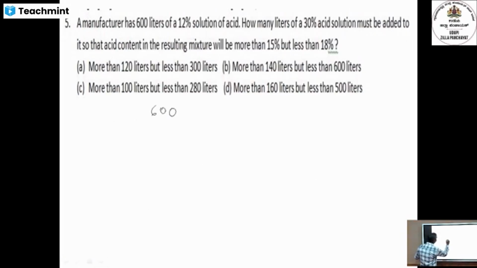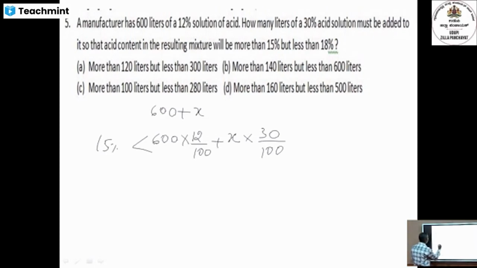So we will resolve this problem. So 600 plus x solution. The x liters of solution you are adding. So that is 600 into 12% of the solution, that is 12 by 100, plus x into 30% of the solution, that is 30 by 100. And it has to be in between 15% of the total solution and 18% of the total solution.